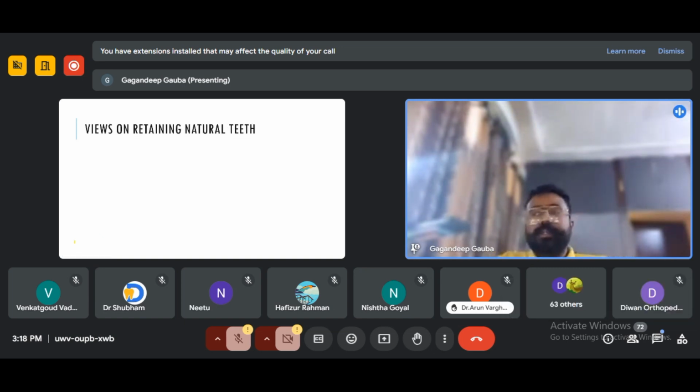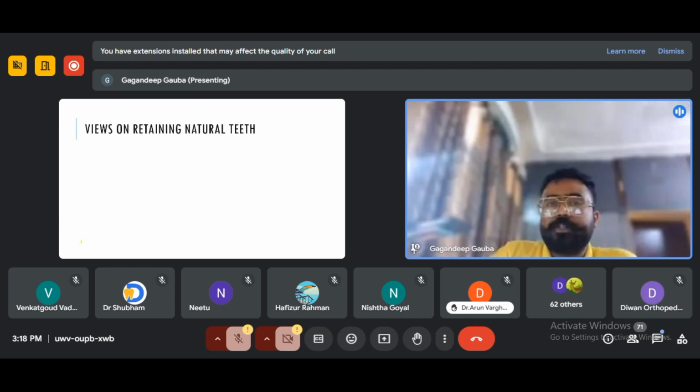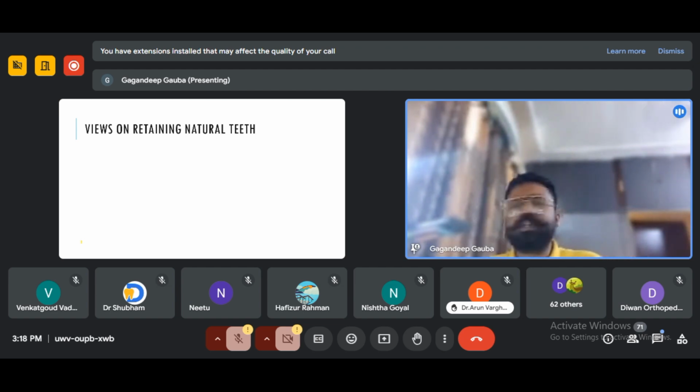Views on retaining the natural teeth. Like we have talked about the aims, our aim as a basal implantologist is to restore the bilateral chewing capacity of the patient. And for restoring the bilateral chewing capacity, the retention of the natural teeth is not at all required. We can restore the bilateral chewing without the teeth through implants. In certain cases, as you might all have seen, if you are doing a full arch prosthesis, retaining some teeth makes it worse.